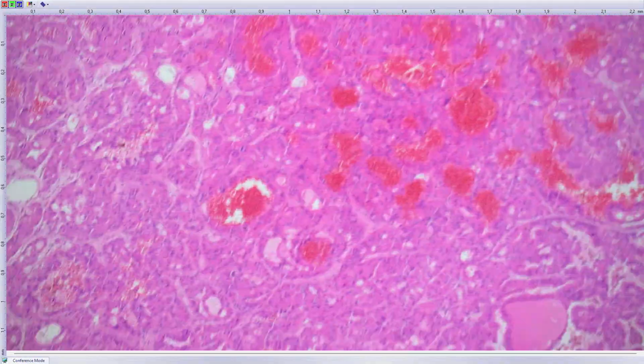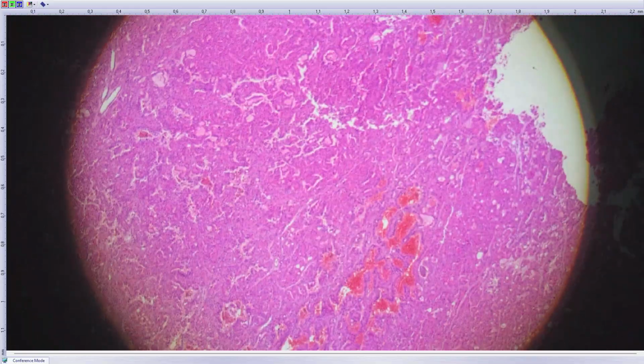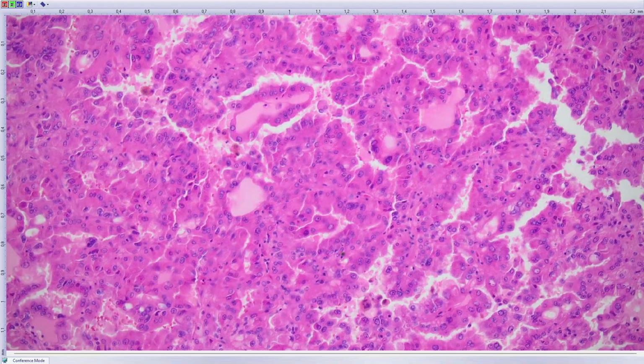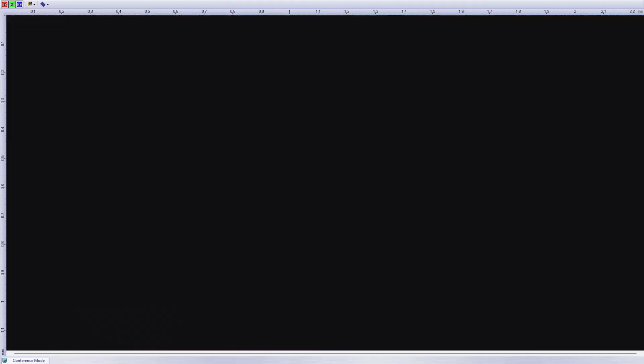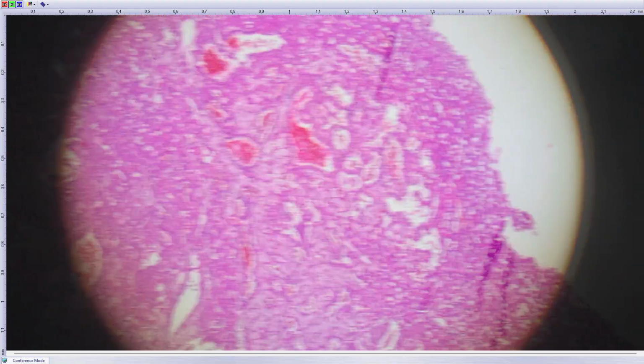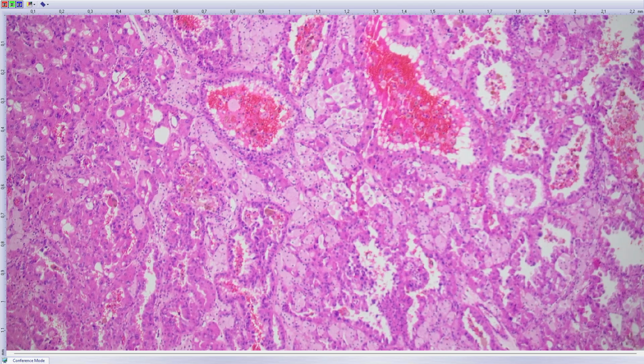Going through the tumor, you will see that there is focal expansion of the papillae by eosinophilic exudate. You can see that there are some places where the tumor is more pseudo-solid in appearance, and there were even areas, probably here, with accumulation of macrophages.